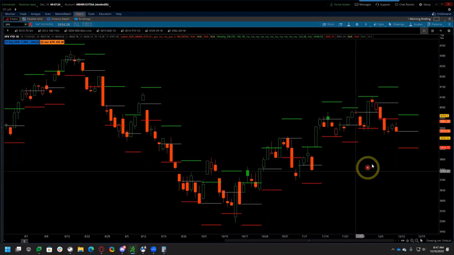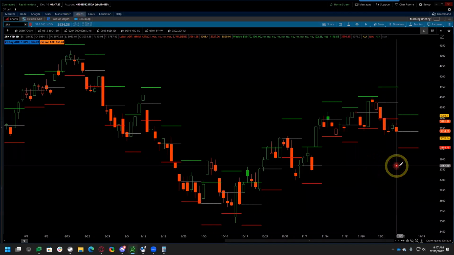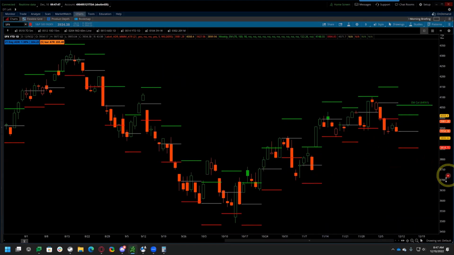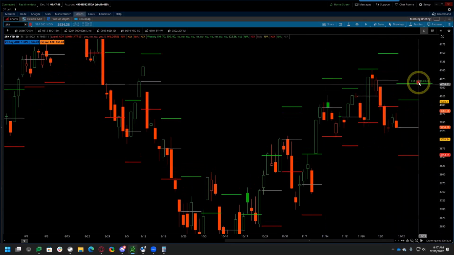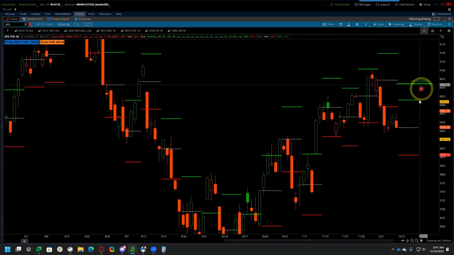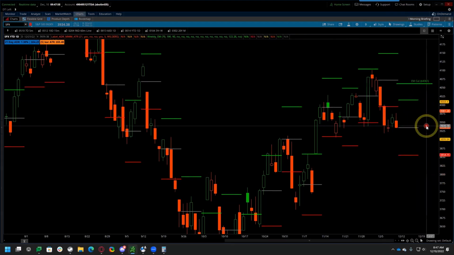So let's go back out to the chart. We'll just draw a line. You see where my green line is? It's higher than where that indicator drew its line. That's how far off the calculation is this week.